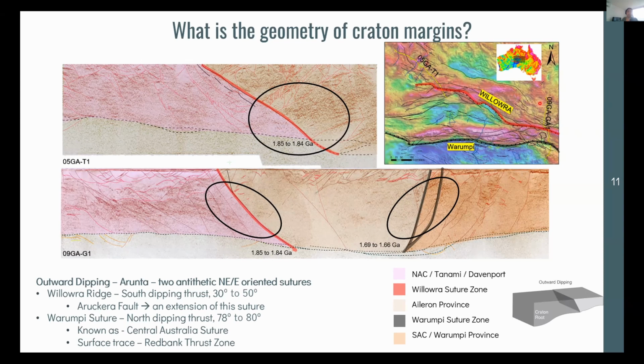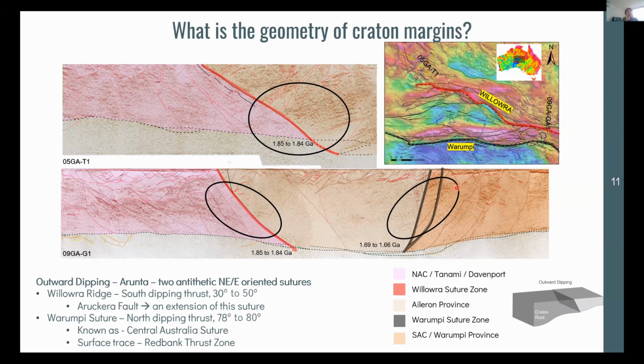Aronta has been classified as an outward dipping structure. Villora has a shallow dip of 40 degrees, and in seismic interpretation and other research it has been shown to be a suture, with an age of around 1.85 to 1.84 billion years.